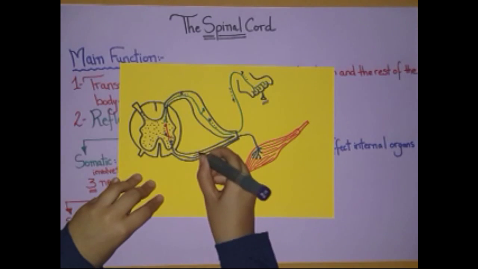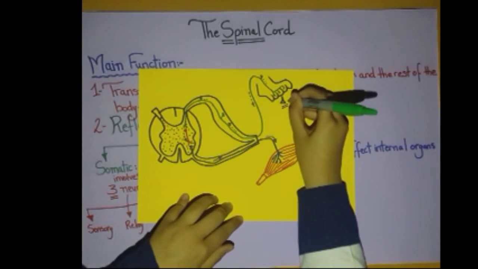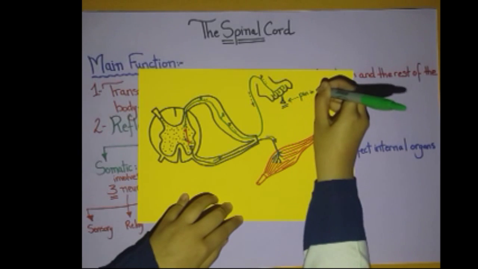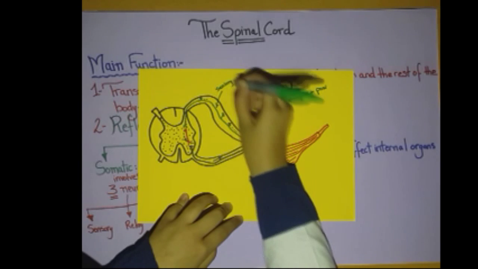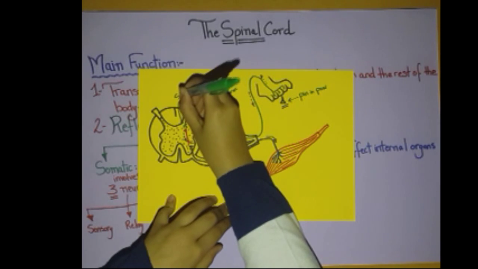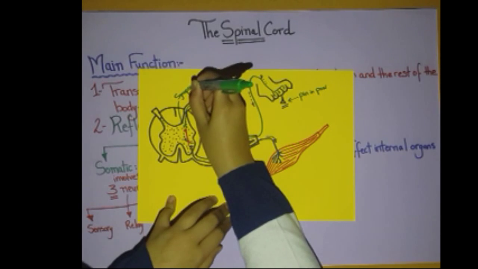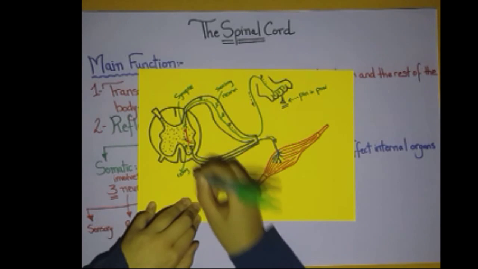The effector is the muscle, and in this case we're talking about the somatic, so it's the skeletal muscle in your finger that will tell you to pull your finger away before you get burned. This is simply how the somatic reflex arc works.